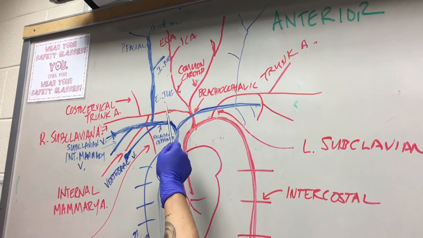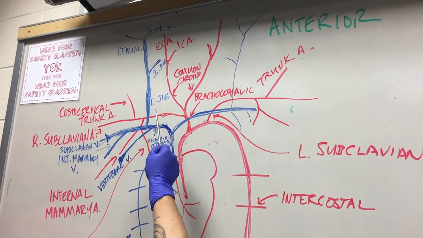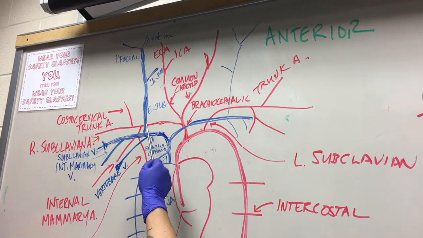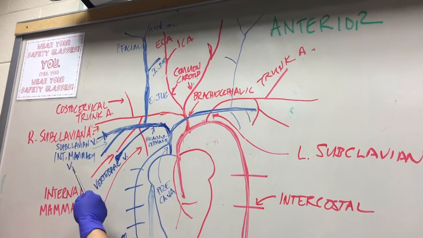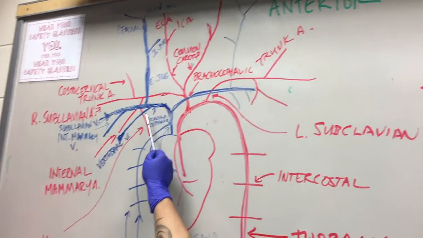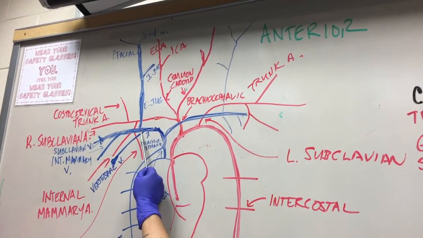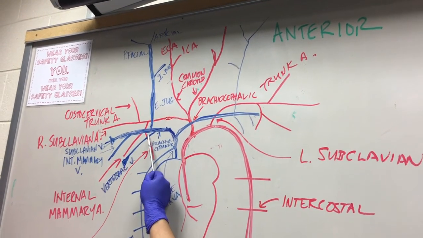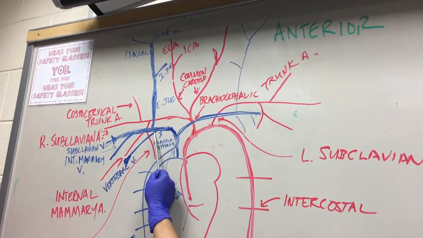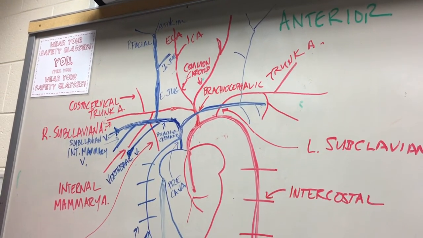Once it enters the body, a very small and sometimes not very well injected internal jugular vein dumps into the external jugular. The subclavian vein coming from one of the arms will join in with the external jugular, and once these two join together, this big vein here becomes the brachiocephalic vein.